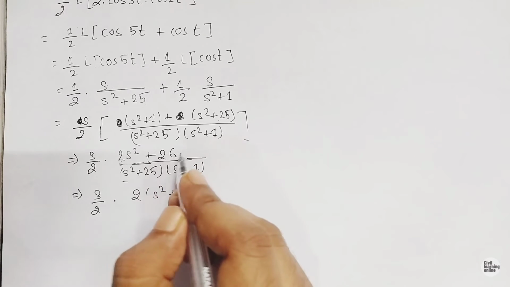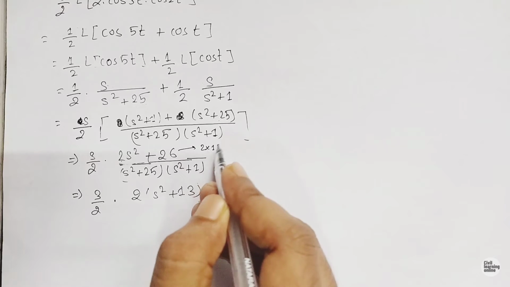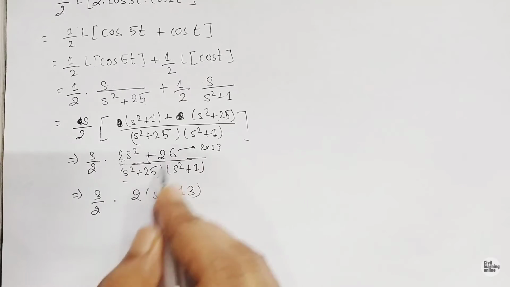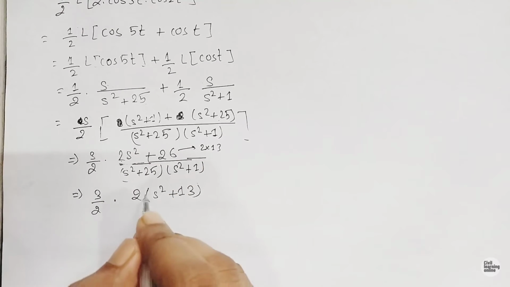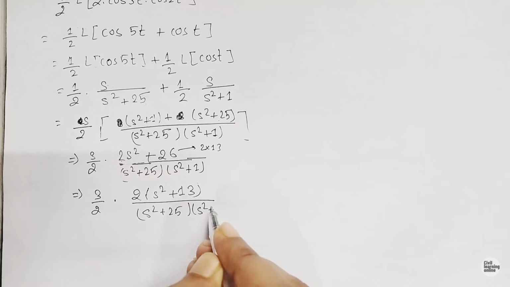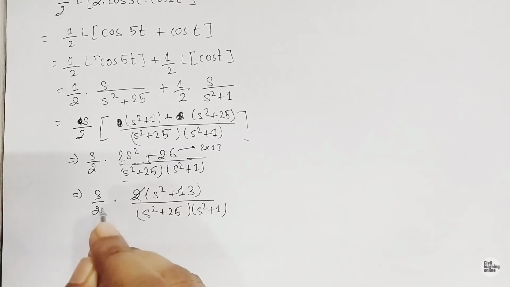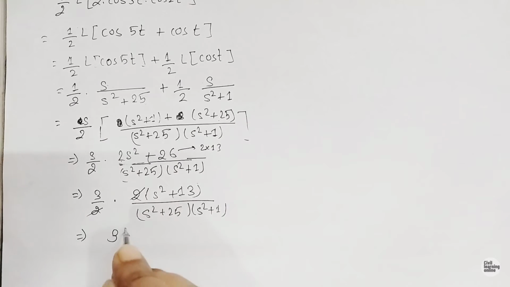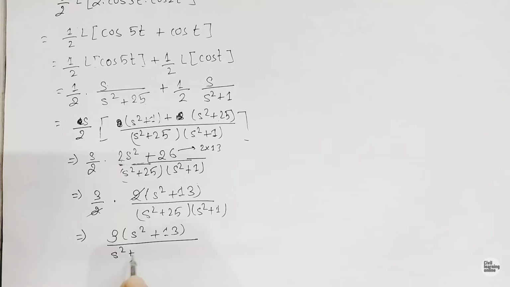So we can take 2 common from both the terms. So that is what I did here, 2 times and s square plus 25 times s square plus 1. So 2 gets cancelled out, so we will have here 3 times s square plus 13 upon s square plus 25 times s square plus 1.